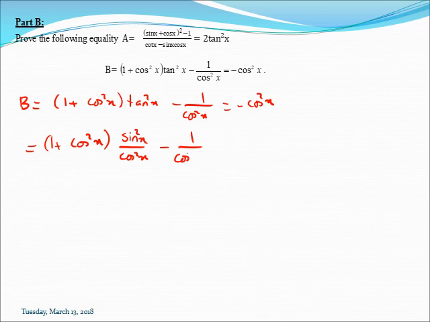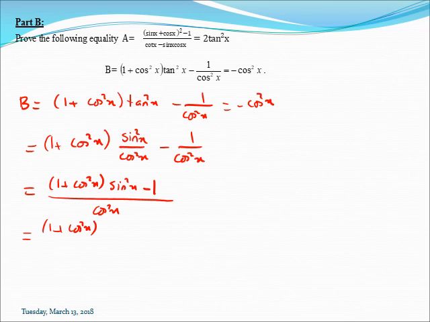Same denominator cosine square x, so 1 plus cosine square x sine square x equals 1 minus cosine square x minus 1 over cosine square x.